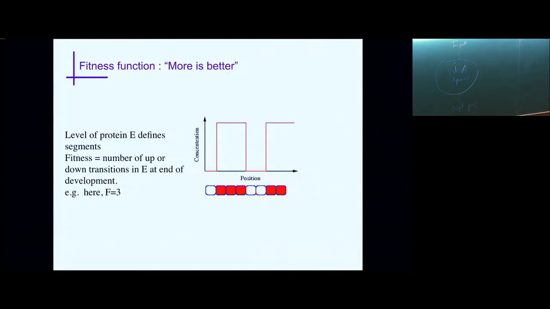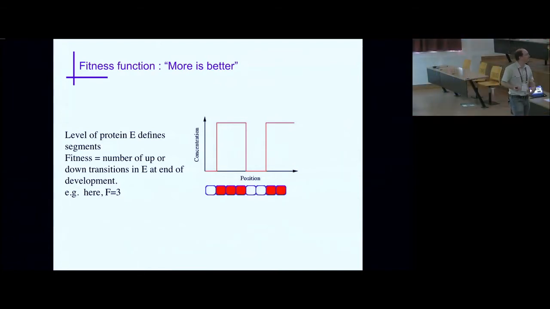I want to evolve the network dynamics, but I put the selective pressure on the output gene. And for the output gene, I want a pattern. I want stripes. So I do not impose anything about the position of stripes or stuff like that. I just say to my computer, I want stripes of an output gene. And I don't care how you do stripes, you should just give me stripes.